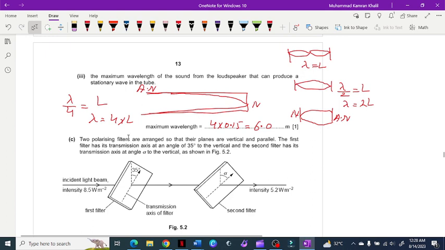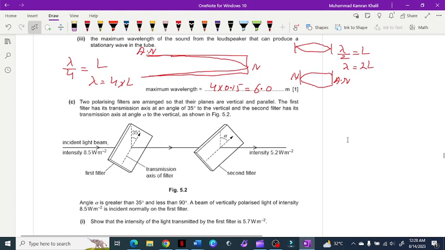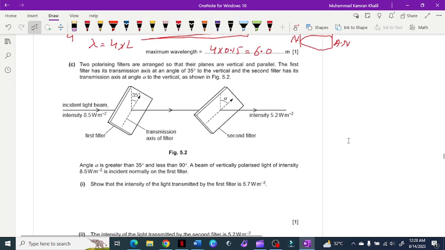Now two polarizer filters are arranged so that their planes are vertical and parallel. So this question is related with Malus's law. In the first diagram the angle rotated is 35 and in the second diagram the angle is alpha.